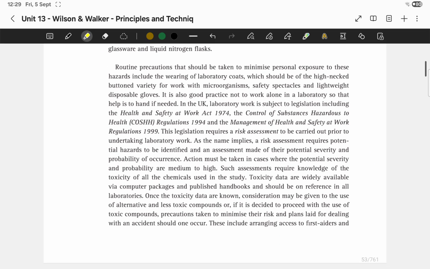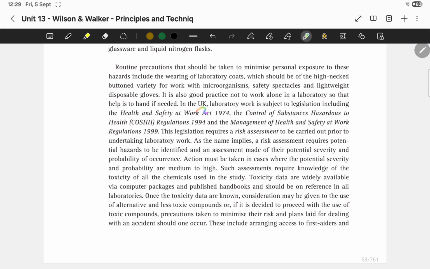Routine precautions that should be taken to minimize personal exposure to these hazards include wearing laboratory clothes, which should be the high-necked buttoned variety for work with microorganisms, safety spectacles and lightweight disposable gloves. It is also good practice not to work alone in the laboratory, so that help is to hand if needed.